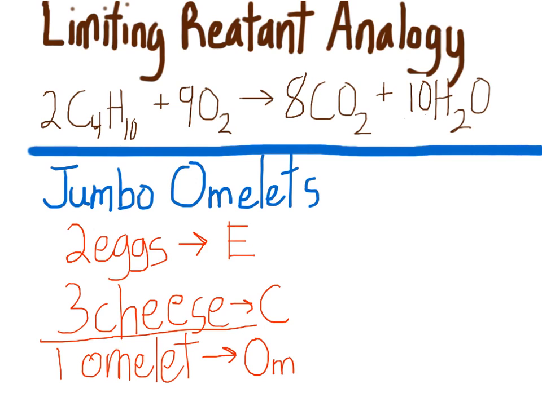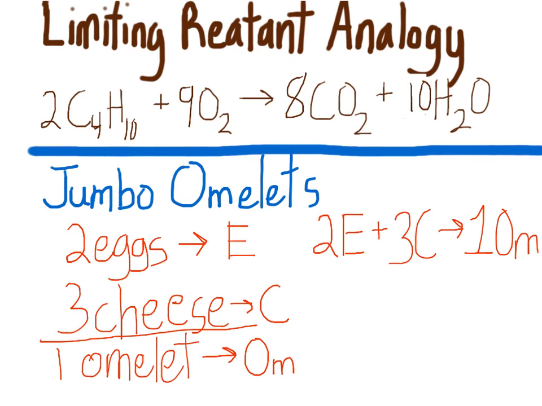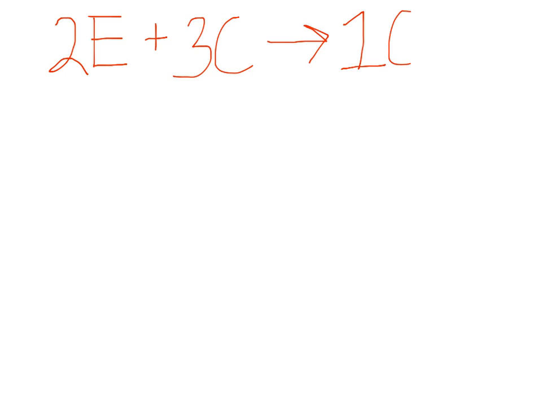So another way you can write it is 2 eggs plus 3 cheese will give you 1 jumbo omelet. Let me get some more room here. Let me rewrite what we just had. 2 eggs plus 3 cheese give us 1 jumbo omelet.